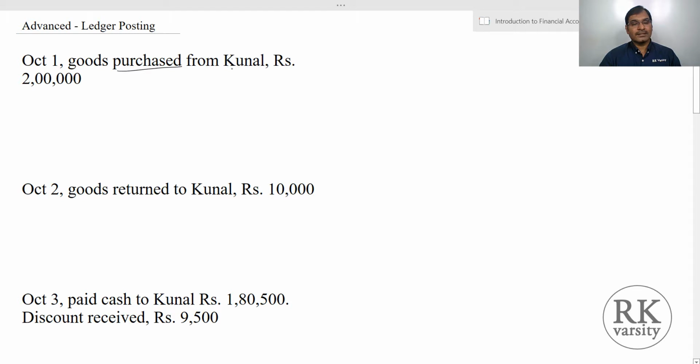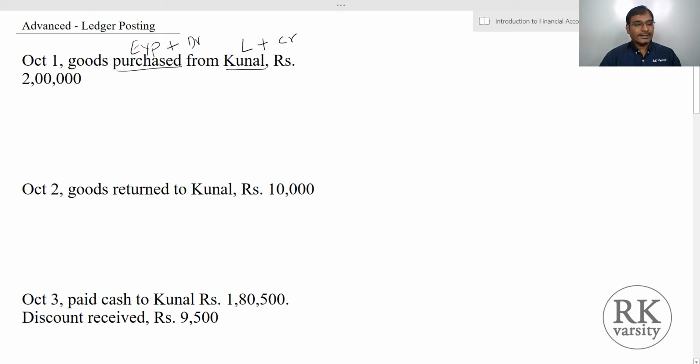So purchases is one account and Kunal is another account. Purchases is an expense, and as you purchased on credit, Kunal is a liability. There is an increase in expense and an increase in liability. By the rule of debit and credit, an increase in expense is a debit and an increase in a liability is a credit.